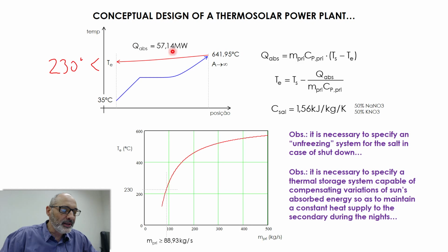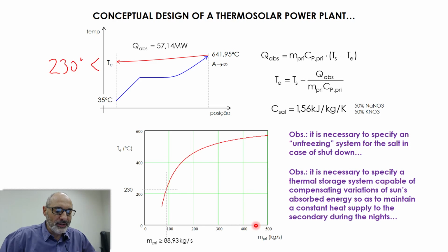If I had 1,000 kilograms per second, my temperature drop here would be something like half degree, okay? But this is not interesting because a very, very high flow rate here means that I have to have a very high pumping power. Everything's going to get very big, so it's going to become expensive, both in terms of capex and also in terms of opex, operation and capital costs.